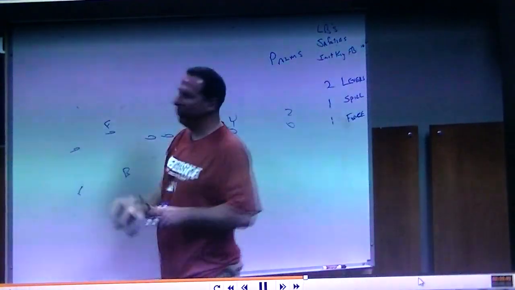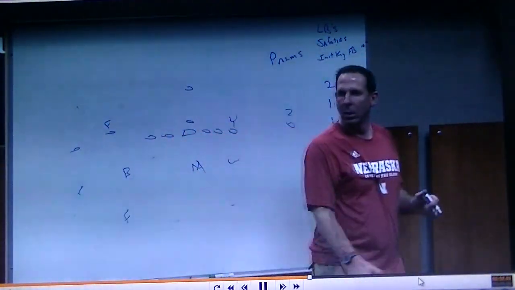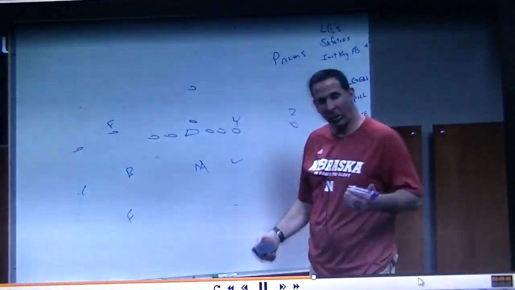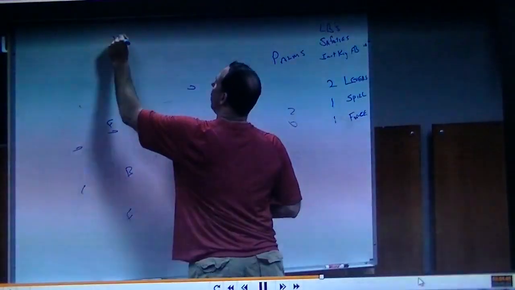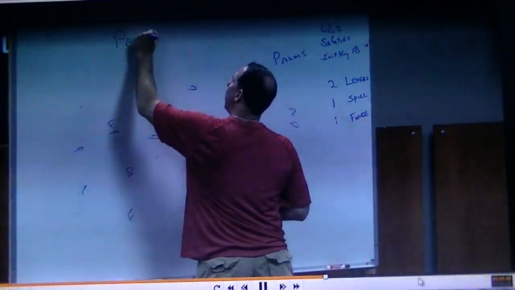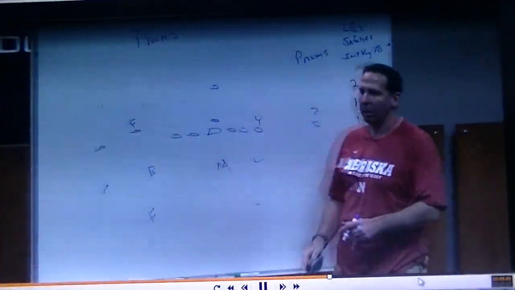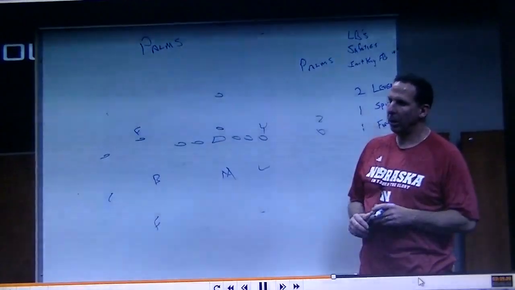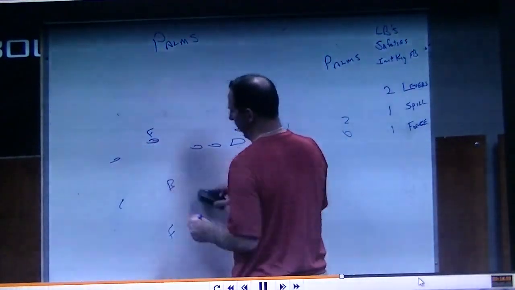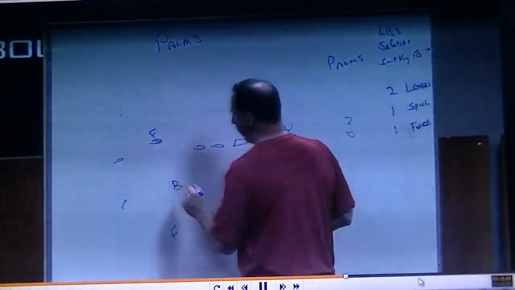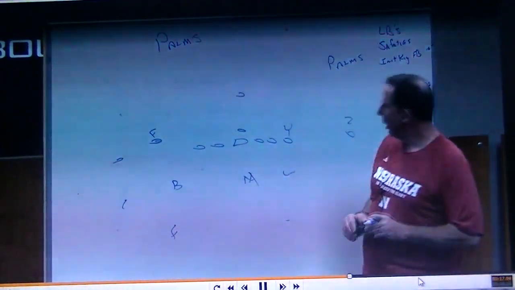When you're in palms, are you in the run fit? Yes. And most of the time you're going to be. So if you're in palms, what's the first thing you have to see? Well, you already know where 2 is because you've aligned out there, and you're splitting the difference. What's the first thing?